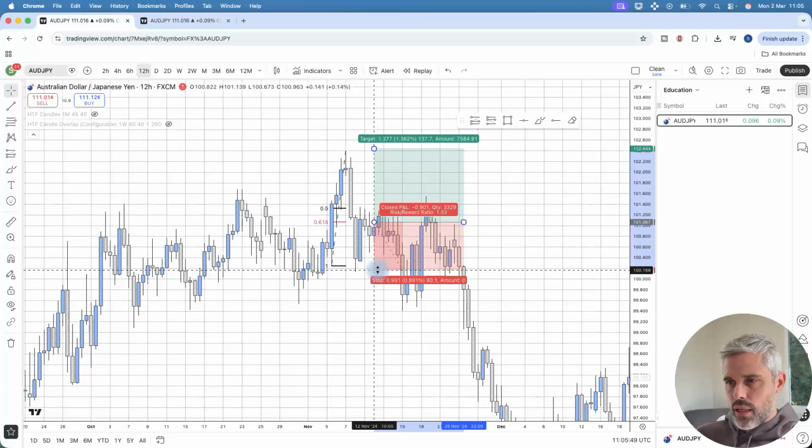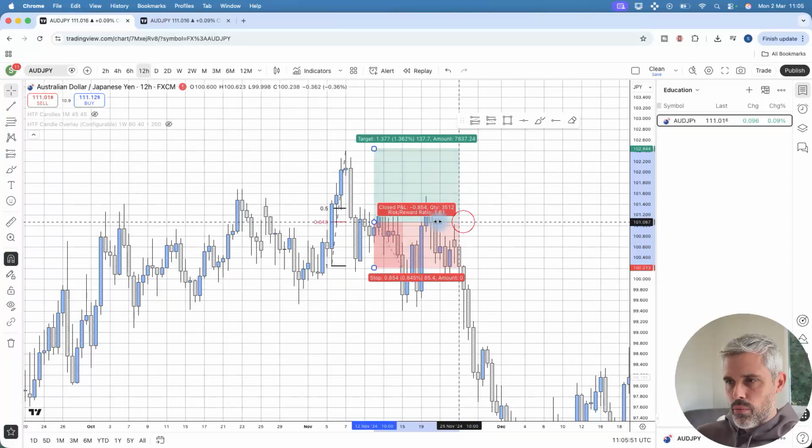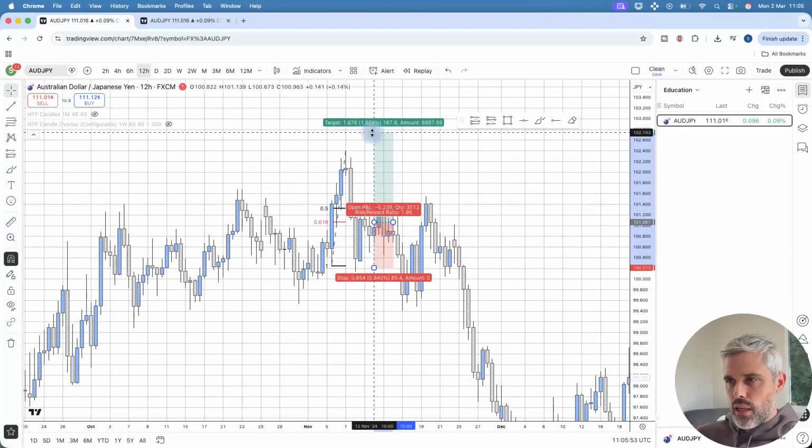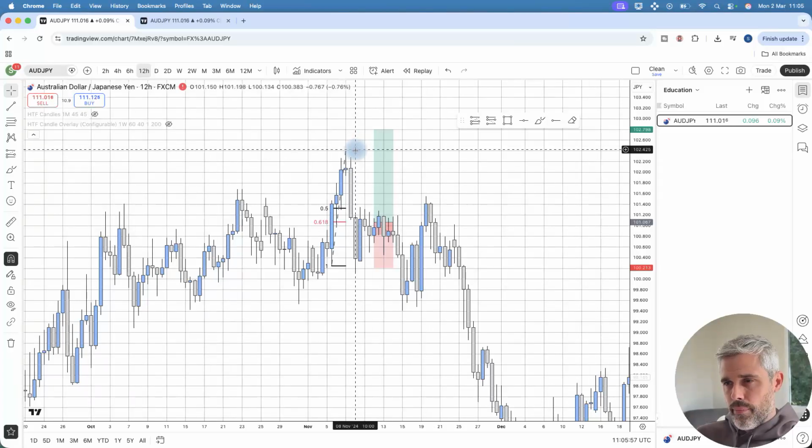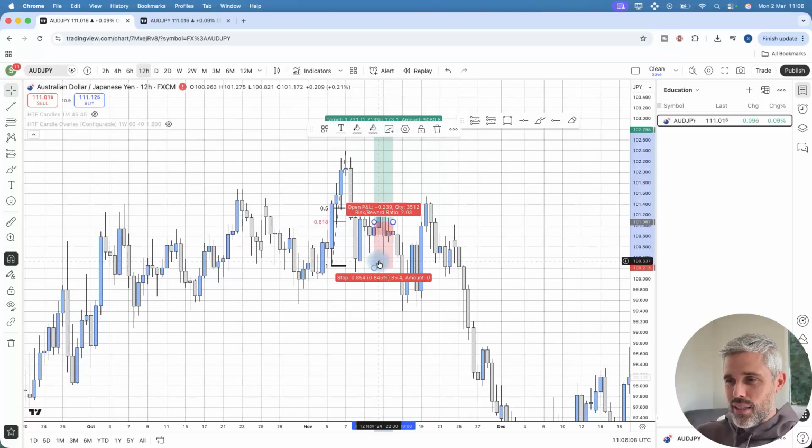You marked this level, you protected the swing point, and you were looking for, say, a 2R, a continuation above this high. What happens? Price just sinks straight to your stop loss. You are out of the trade before you even got a chance to see what was happening. Why is this? Because this fib level is completely out of context with what's actually happening to price.